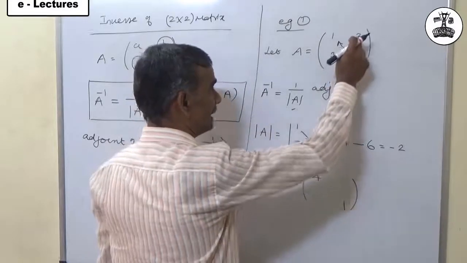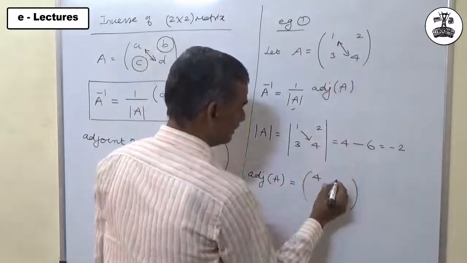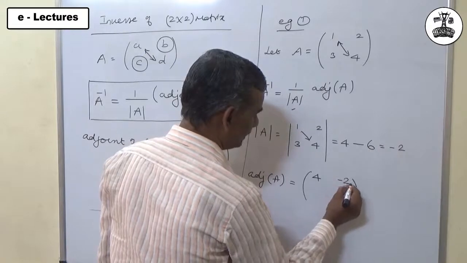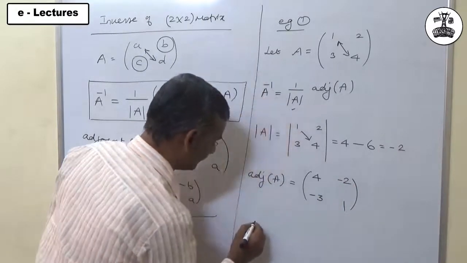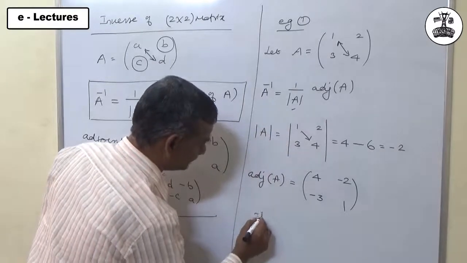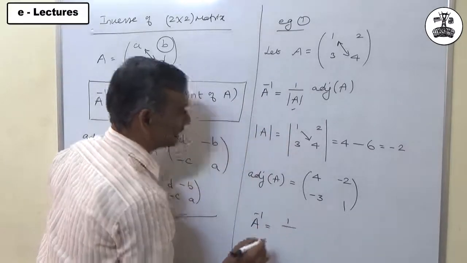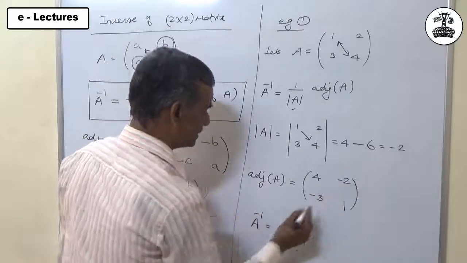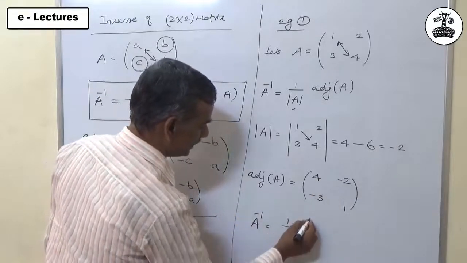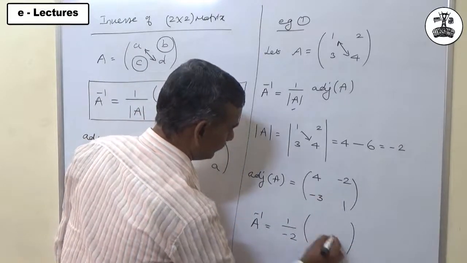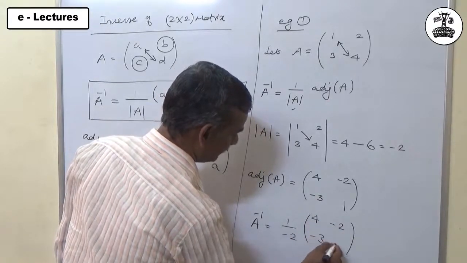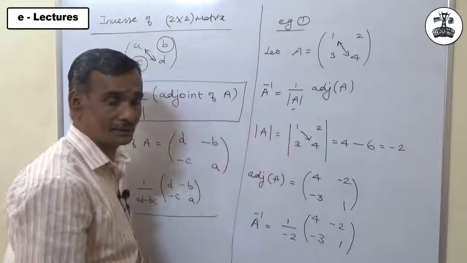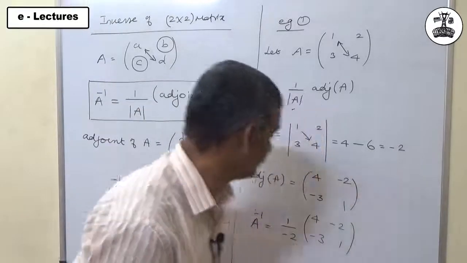Change the sign of B and C. Numbers அங்கேதான் இருக்கணும். So 2 வந்து -2 ஆயிடுது, 3 வந்து -3 ஆயிடுது. Therefore A inverse equal to 1 by determinant A. Answer என்ன? -2. Adjoint of A என்ன? 4, -2, -3, 1. Right.